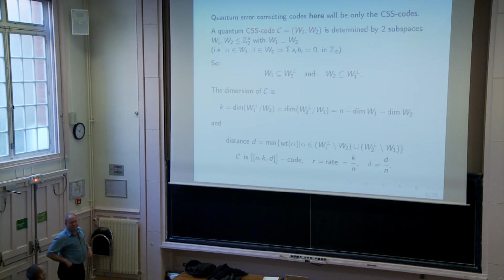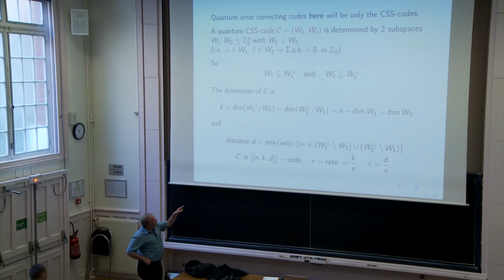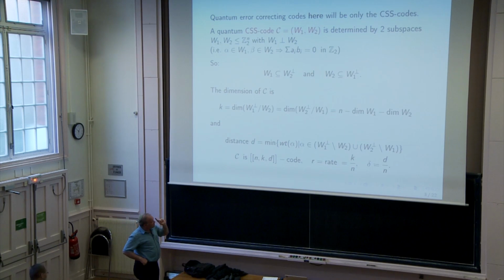This is first year linear algebra, and the definition of the distance of a quantum code is the minimum of the Hamming weight of vectors which are in W1 perp, but not in W2, or in W2 perp, but not in W1.